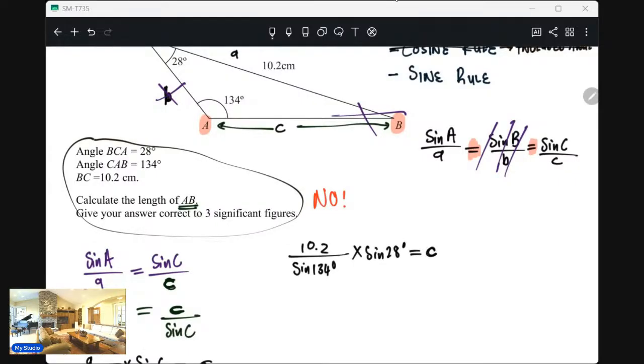Can you punch this? This is the easiest thing to punch. 10.2 divided by sine 134 degrees times sine 28 degrees. Just punch it one time. Tell me what you get. Divided by sine 134 degrees, then you say times sine 28 degrees.